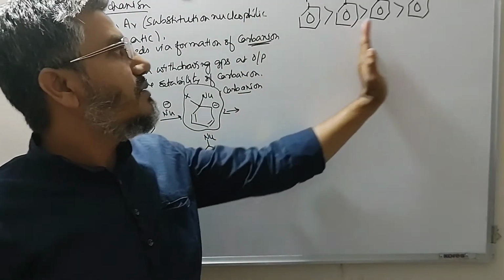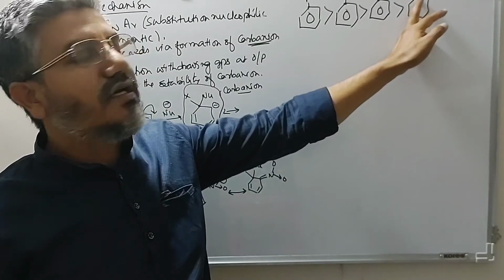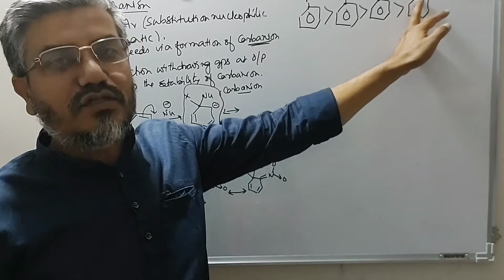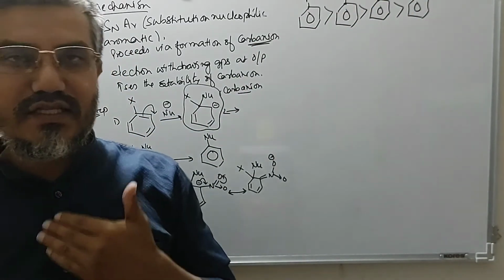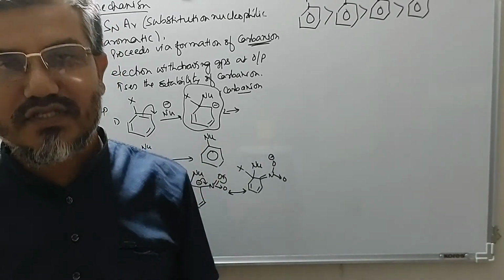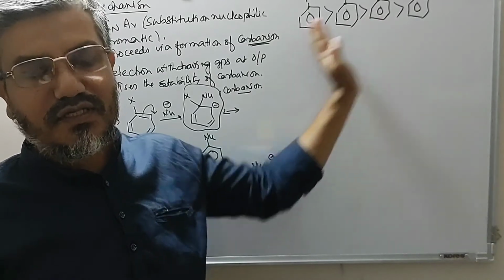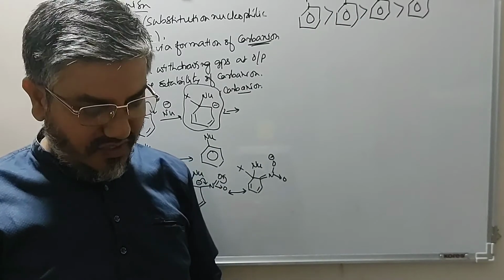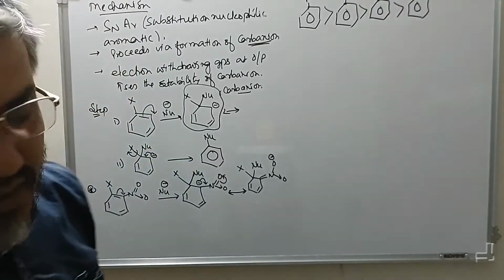As the electronegativity decreases, the electrophilicity of the carbon of the benzene ring to which the halogen is attached decreases. So the tendency for the nucleophile to approach this carbon is decreased. So simply based on minus I effect, we can explain the reactivity order of different halobenzenes towards nucleophilic aromatic substitution.